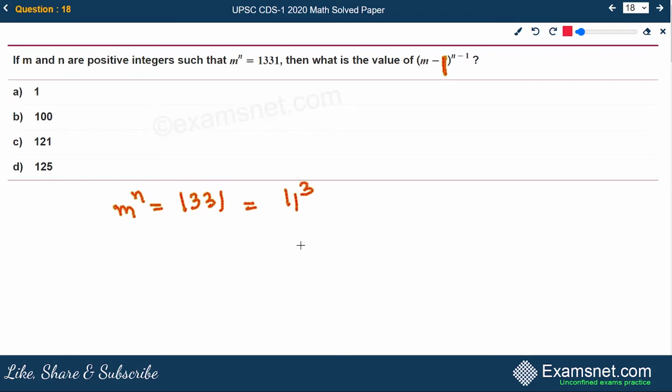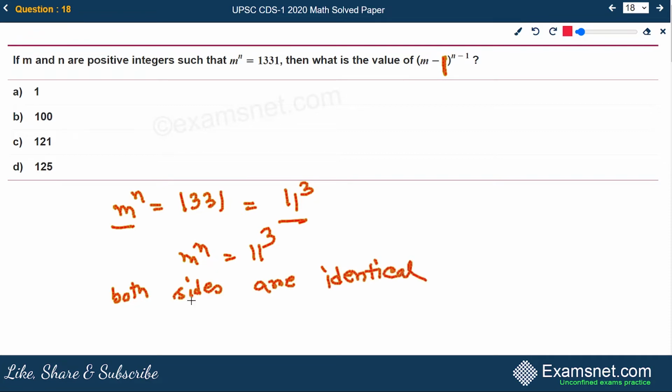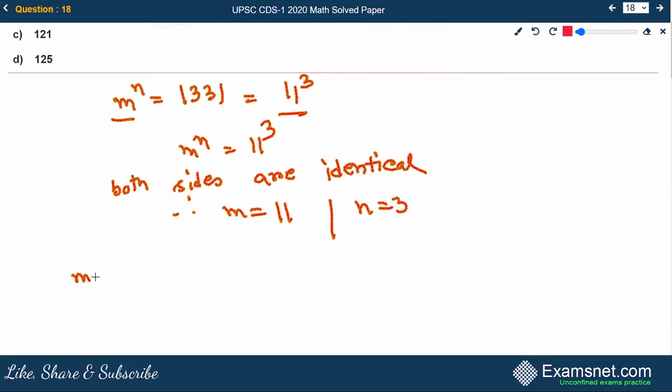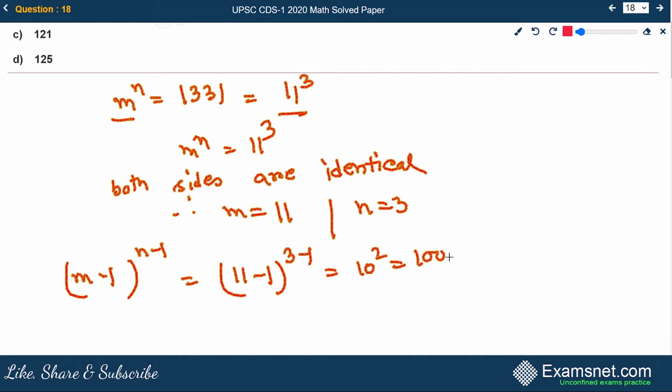Since both sides are identical, m to the power n equals 11 cube. Therefore, we can compare, and after comparing we can write m equals 11, n equals 3. Now let's write the given expression, (m minus 1) whole to the power n minus 1, that is (11 minus 1) to the power (3 minus 1). So it will become 10 square, that is 100.